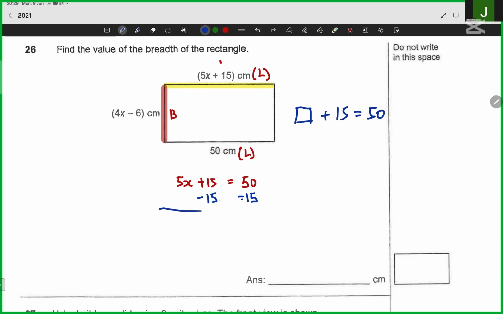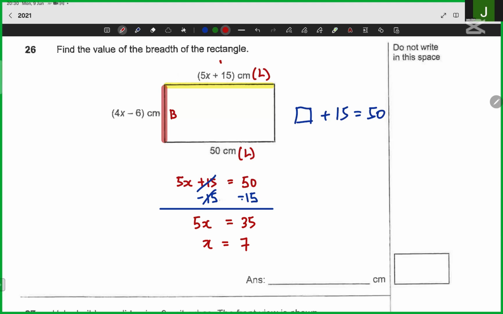Okay, so when we minus away the 15, this will be gone, because we took that away already. So we are just left with 5x on the left. Now on the right, 50 minus 15 is equal to 35. So if 5x is equal to 35, then x must be equal to 7.